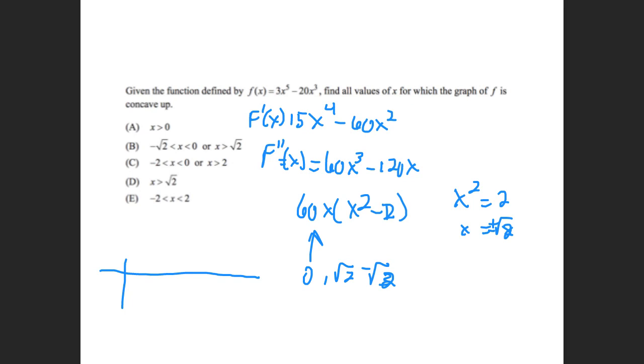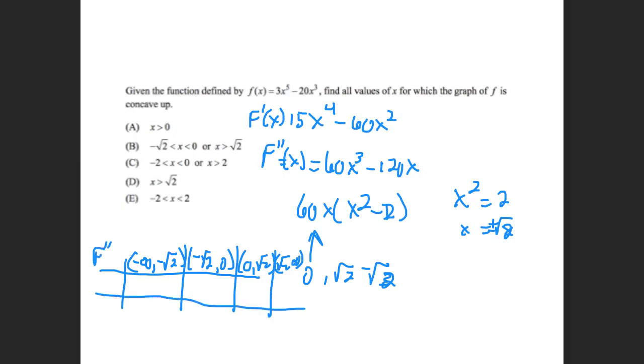So I'm going to go negative infinity to negative square root of 2, negative square root of 2 to 0, 0 to square root of 2, and square root of 2 to infinity. All right, so now I'm gonna have to use this whole thing here for the second derivative because both terms are going to change.